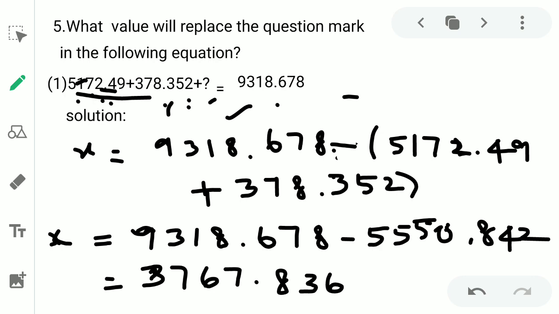I am adding these two numbers and getting this answer. When I subtract these two numbers, I'll get 3767.836 as the answer.